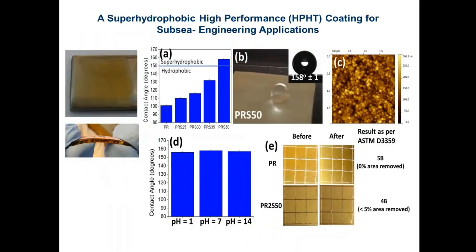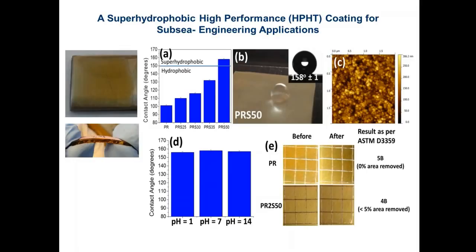Just to show you some of the properties, when we prepare this as coatings, these are super hydrophobic coatings. The definition of a super hydrophobic contact angle is a value beyond 150. So clearly here, at different pHs, from acidic to alkaline, they are super hydrophobic, but they're also superior coatings in terms of adhesion. By doing, let's say, this ASTM D3359 test, very little material is removed from these materials, and they have very good adhesion.